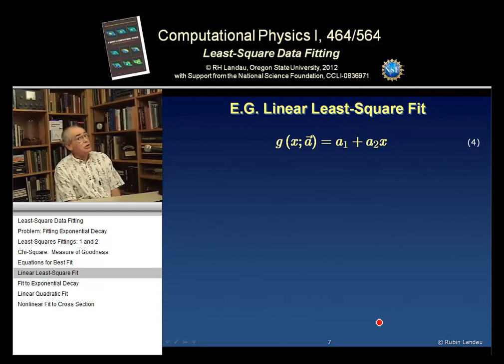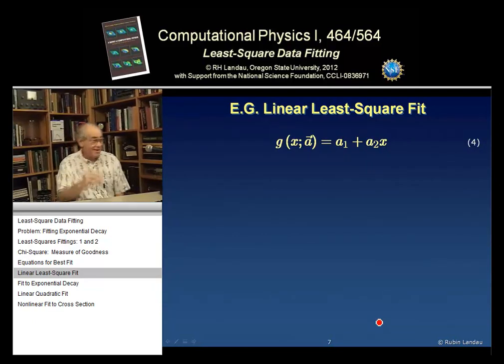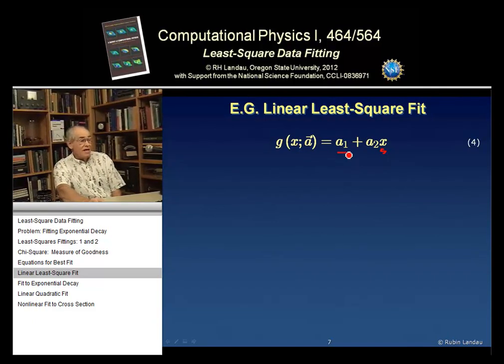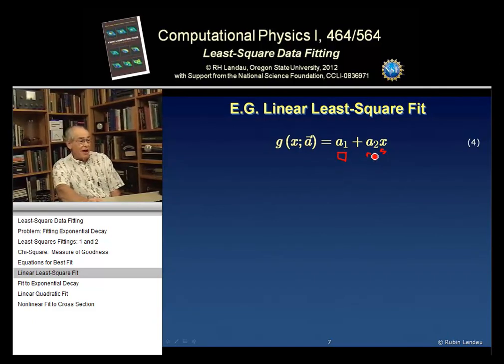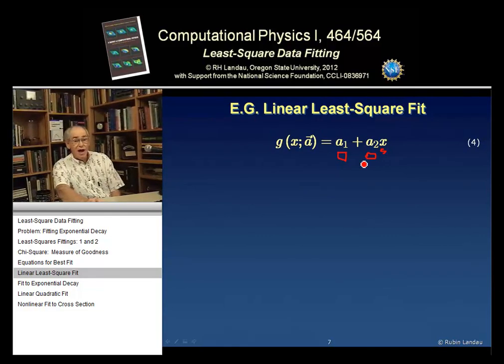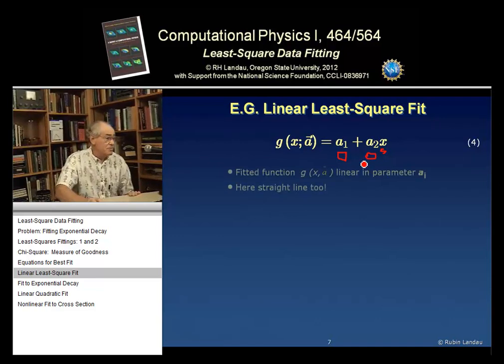So it's linear in 2 senses of the word. It's linear because there's only the first power of x. Fine. We don't care about that as far as fitting goes. What makes this linear is that each of the parameters here in little boxes are also occurring just to the first power. So it's linear in the parameters, and that's what makes it a linear search.